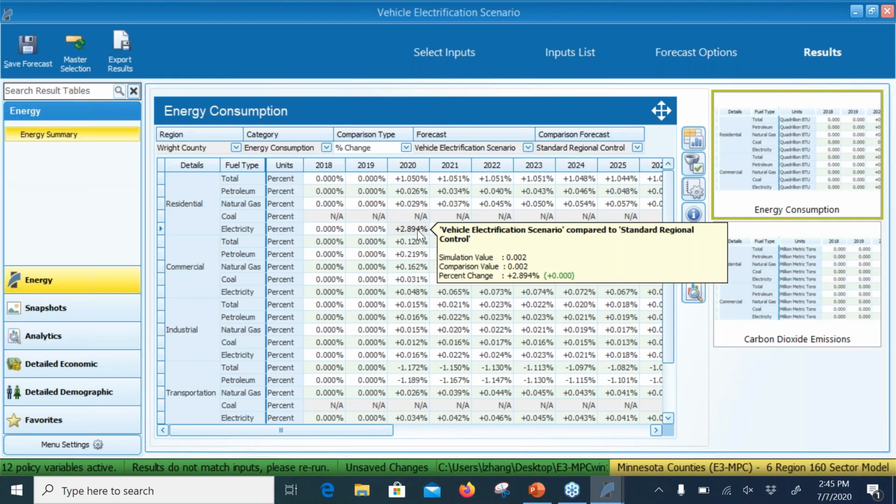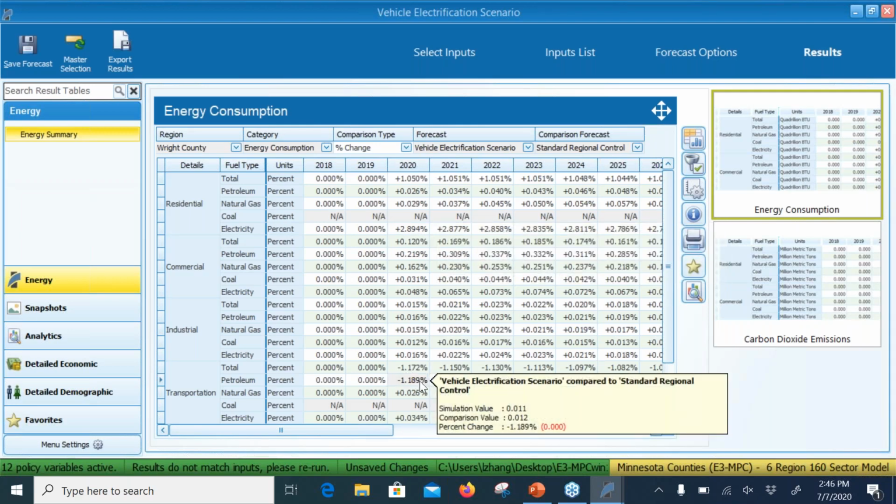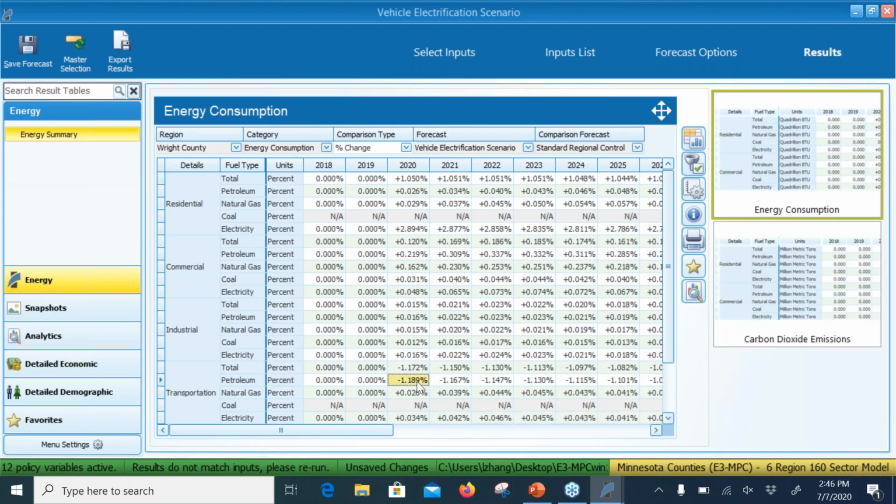This is because people have to charge their cars, so that's more electricity they're using in their residences. And then on the other side, petroleum transportation amount goes down, because there's less money being spent on petroleum for the purposes of transportation.